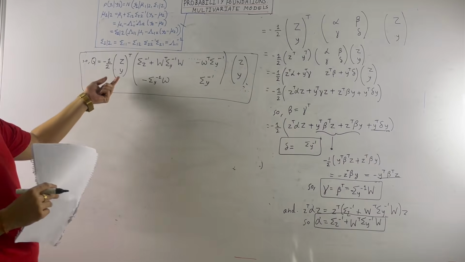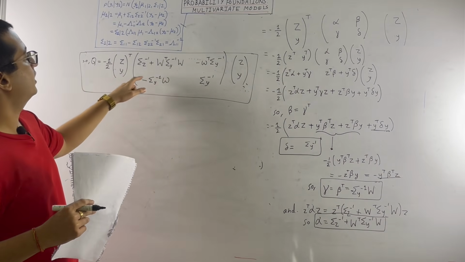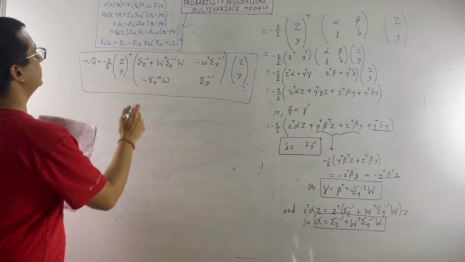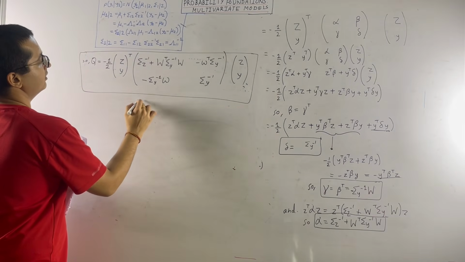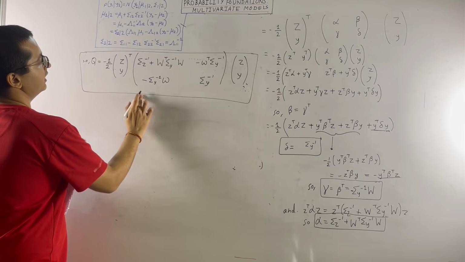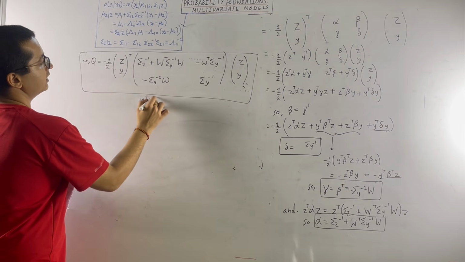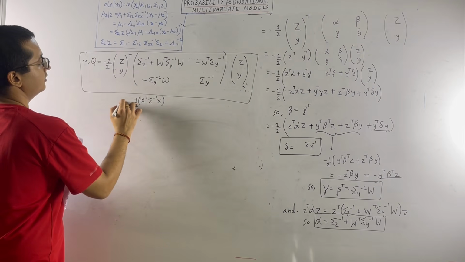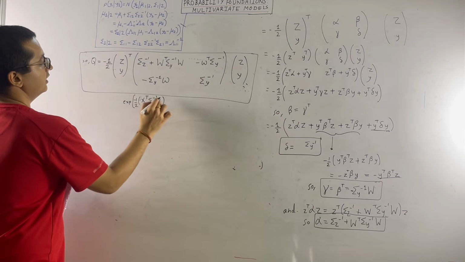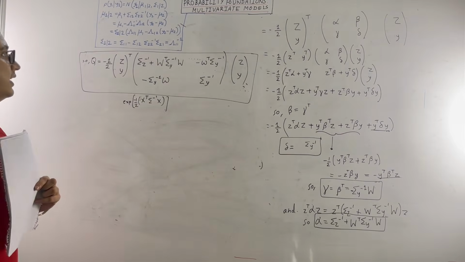So this is of the form X transpose sigma inverse X, minus half X of this. This is what we have in a Gaussian, right?